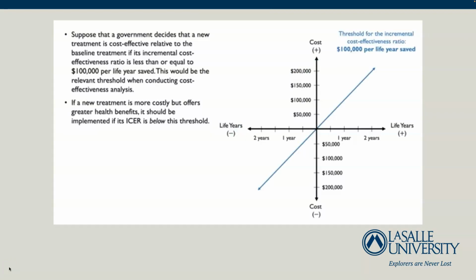And we'll place that threshold here in this cost life year space. So if the new treatment is more costly but offers greater health benefits, it should be implemented if its incremental cost effectiveness ratio is below the threshold, or in this area here.